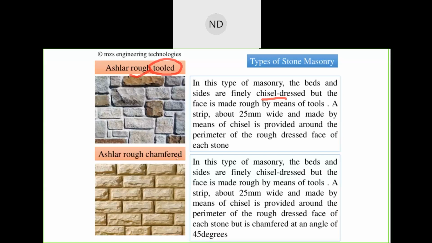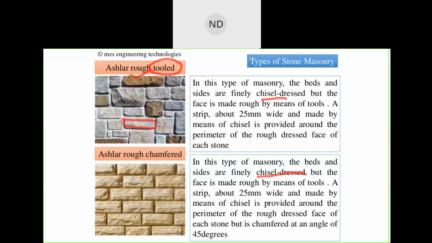See here, same as this, it is done with the tool. Only the difference is that here the chisel is used around the perimeter of the rough dressed face of each stone. Suppose this is one stone, this stone we are taking. So it is roughly dressed. With the help of the chisel, they will hammer and then make it rough.